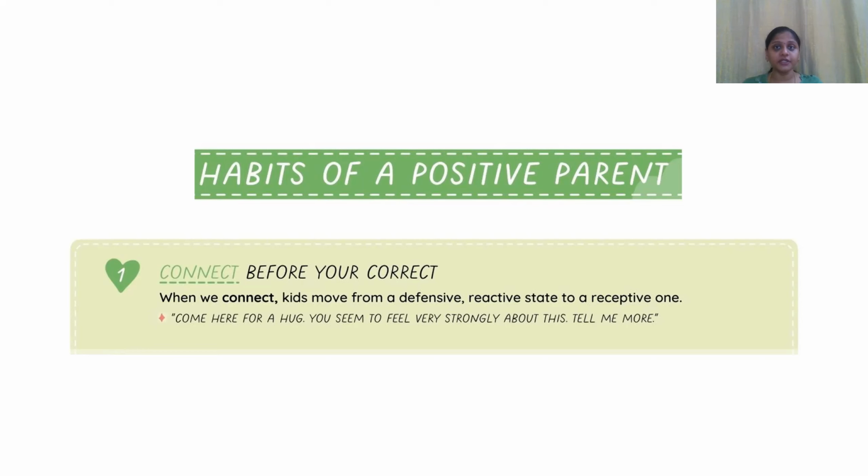Once you give that confidence to your child, saying, yes, I'm here to listen to your way of thinking, the child will have that mode of connect with you rather than being defensive and saying, no, I have not done, I'm not here to accept that if you blame me and all. So the first and major important tip is connect before you correct.